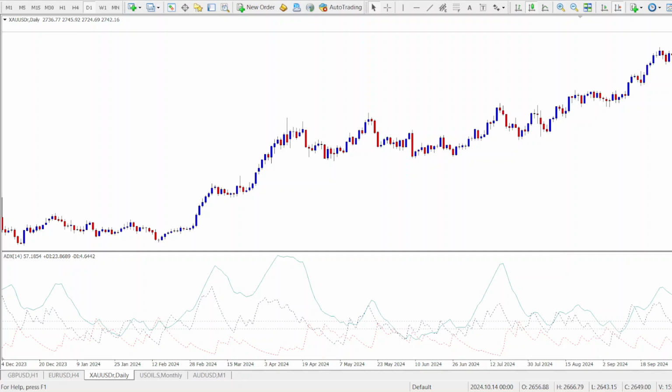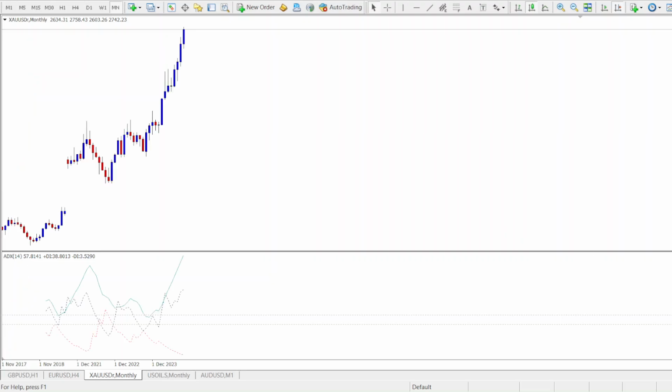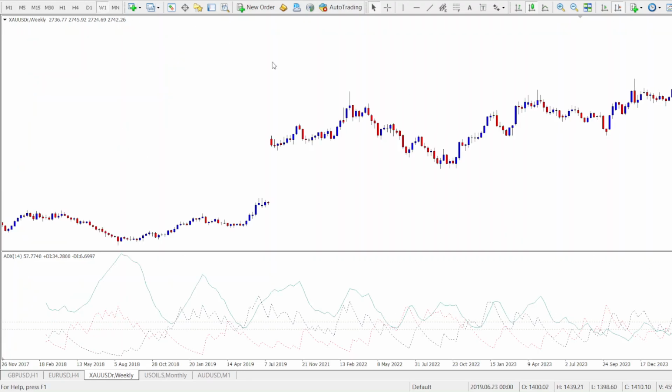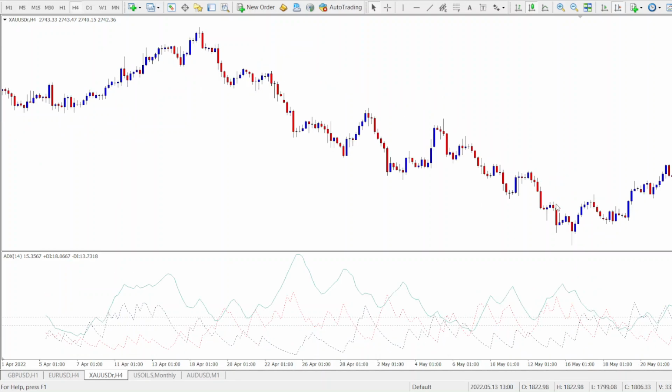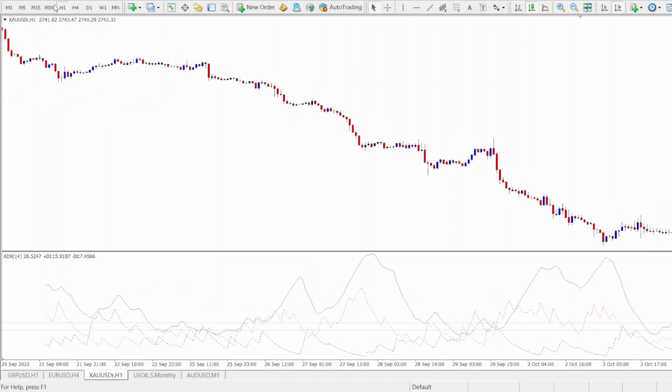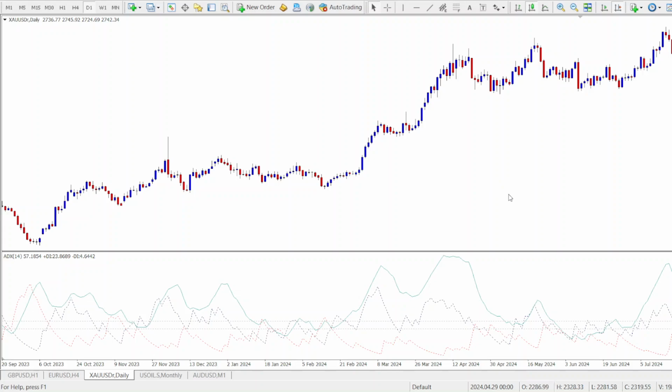Set this, so we can see that the higher value changes with the time frame. You can see the monthly time frame is showing us 59, the weekly 71, the daily 72, the 4 hours 63, the 1 hour 73. That is actually changing with the time frame.